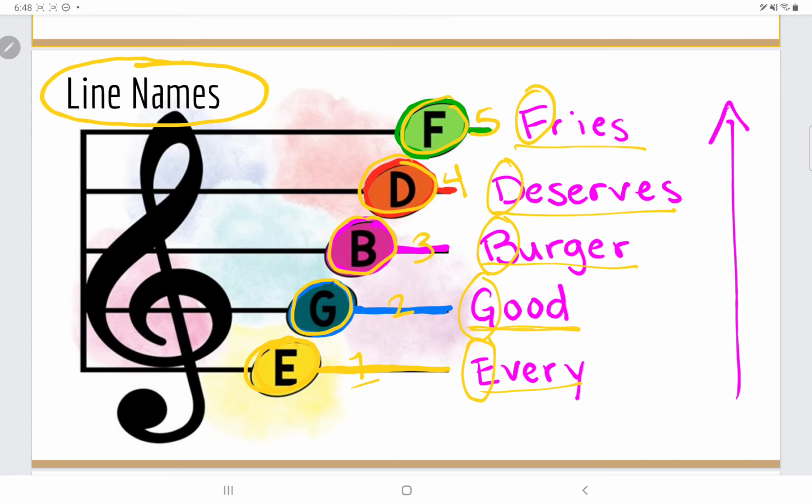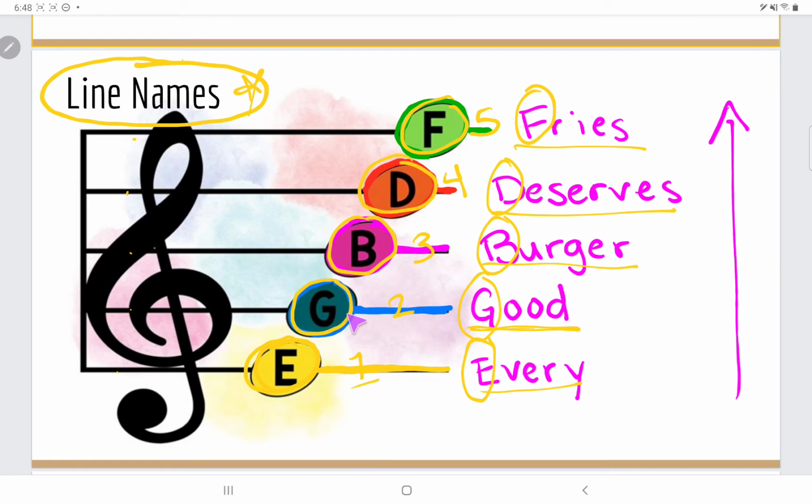All right, scholars, if you have finished making all of your notes, that means that you'll have the line names written at the top. You're going to have your 5 lines going from bottom to top, and you're going to have your silly sentence matching with all of your note names. So all of the note names for the lines, remember line number 1 is E, every.